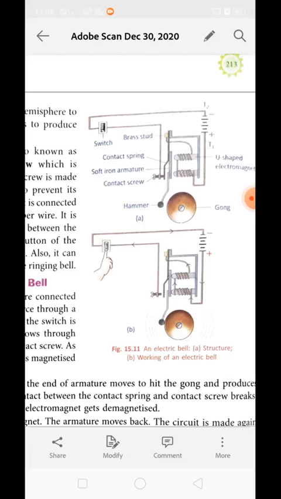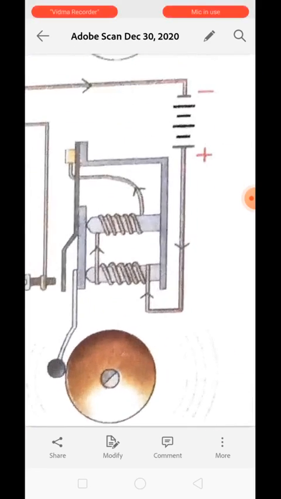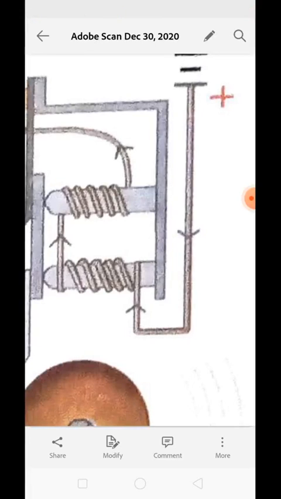First point, the terminals T1 and T2 are connected to a battery or energy source through a push button switch. When the switch is pushed on, the current flows through the electromagnet and the contact screw. As a result, this electromagnet will get magnetized.